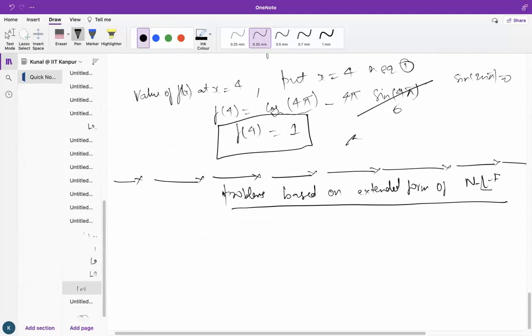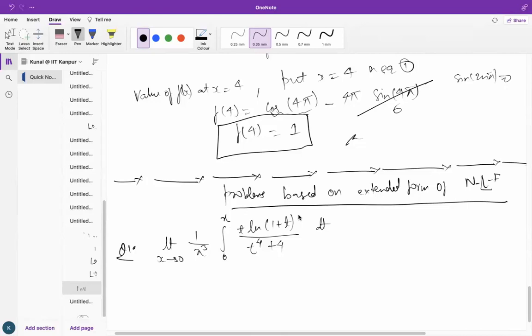Our problem is: we are doing the limit as x tends to 0 of 1 by x cubed, times the integral from 0 to x of t times ln(1 plus t to the power 4) plus 4 dt. Okay, so this is given. You have to solve it.